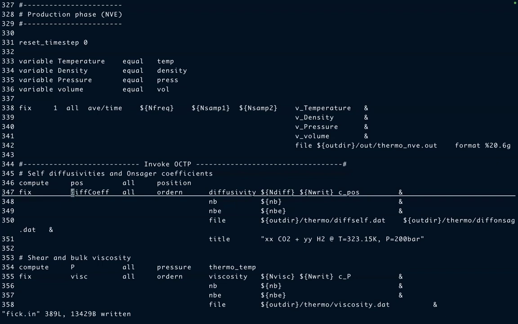Now, an important thing is that we have to specify how to specify the position of the molecules. We do not wish to compute the position of all the atoms in a given molecule. For example, if I'm considering a CO2 molecule, it would suffice to have only the position of the carbon molecule.